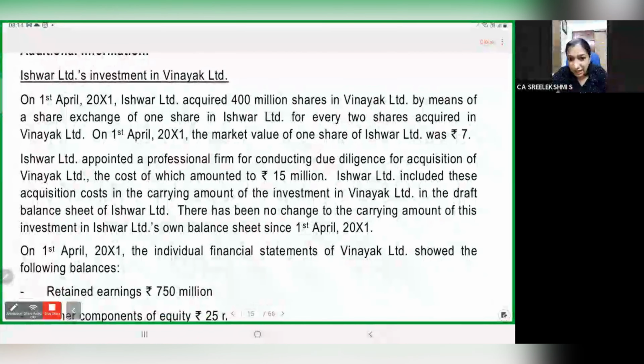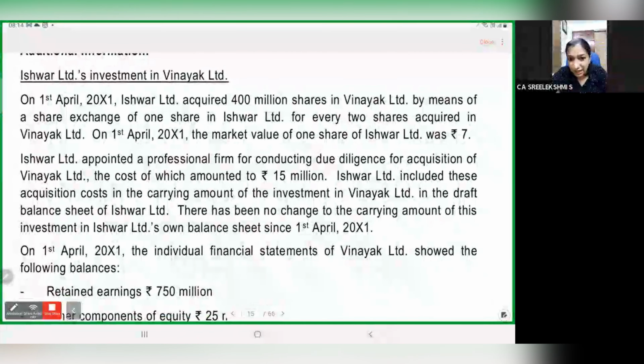Land 400 and building 600. I need to know how much is for land and how much is for building separately, because for building we need to charge depreciation. So land 50. Revaluation profit is 50 million.